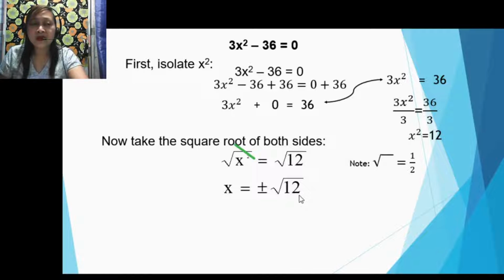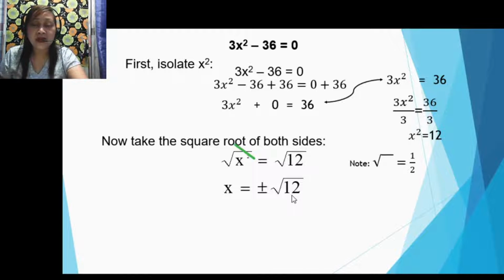Now, what is the square root of 12? Since 12 is not a perfect square, we will think of factors of 12 that have a perfect root. Can you give me two factors that, if you multiply, will give you 12?